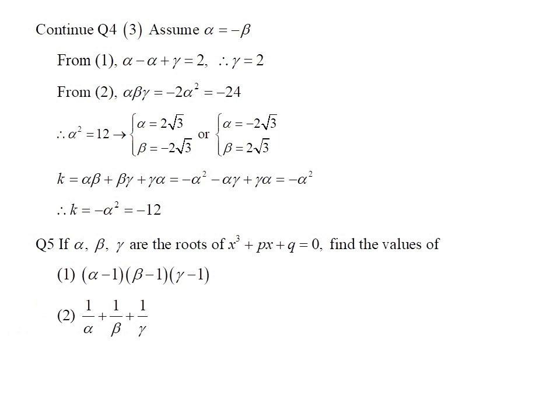The second question is to evaluate the sum of reciprocals of each root, alpha, beta, and gamma. The third question is to calculate the value of the sum of alpha squared, beta squared, and gamma squared. The last question is to find the value of the sum of alpha cubed, beta cubed, and gamma cubed.